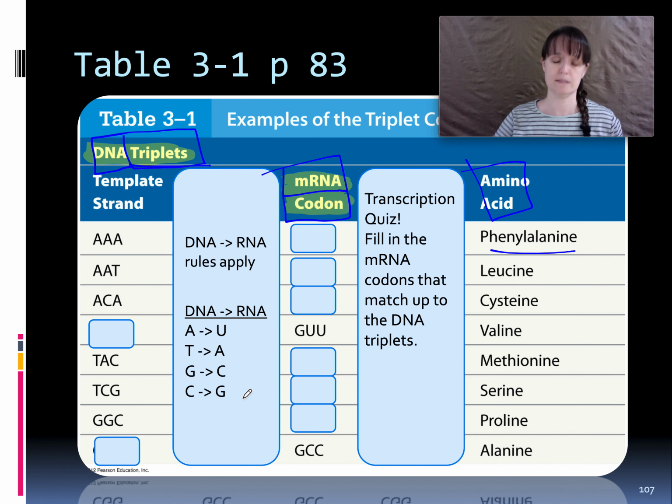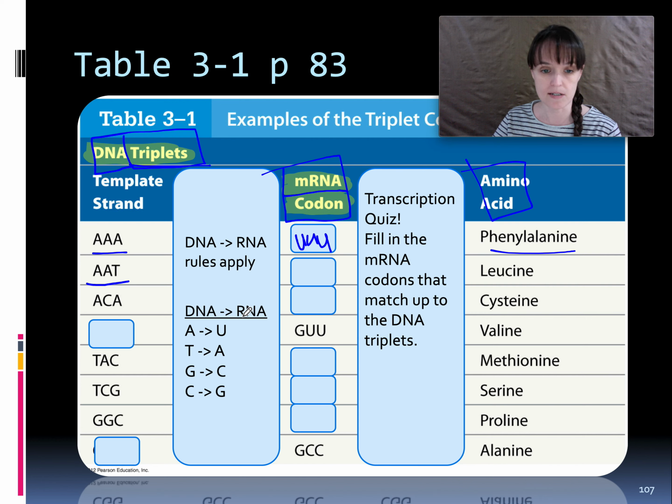It's Community. Okay, so if you have the DNA template AAA, what's your mRNA codon? A binds to U. So if you have DNA triplet AAT, what's your mRNA codon?